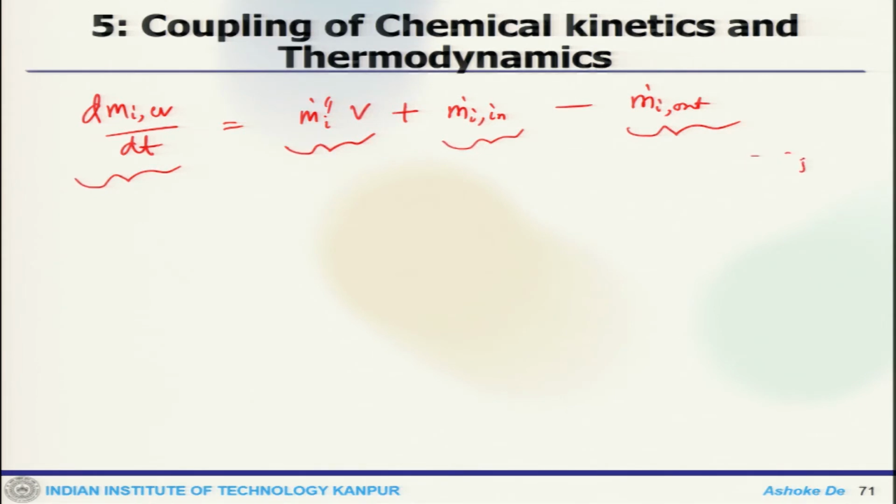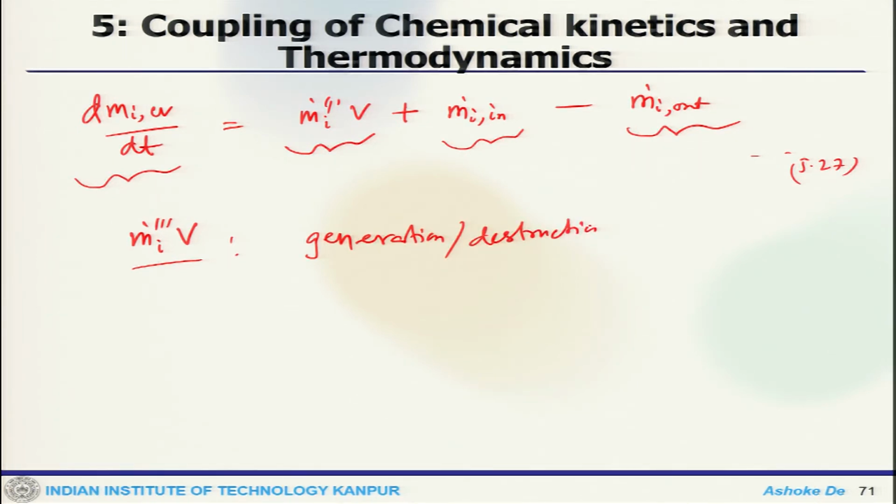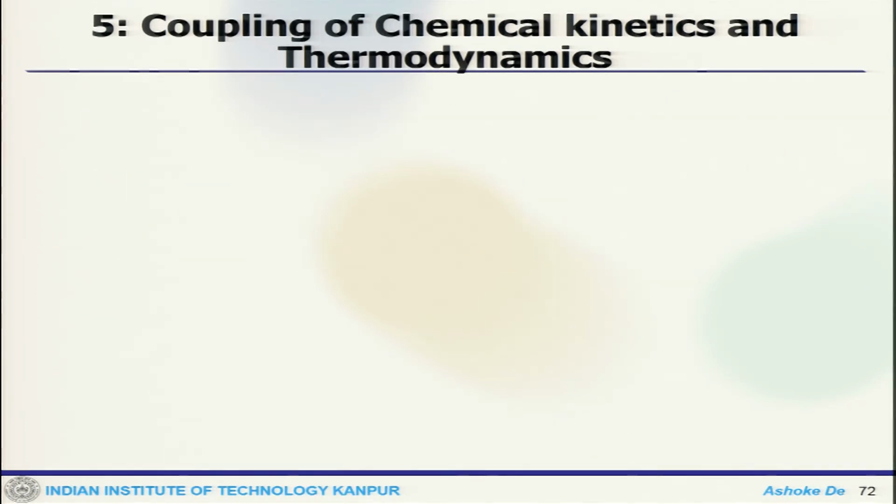Now, m dot I v, this is the source term. Essentially this is either generation or destruction of species by chemical reaction through transformation of one species to another species.